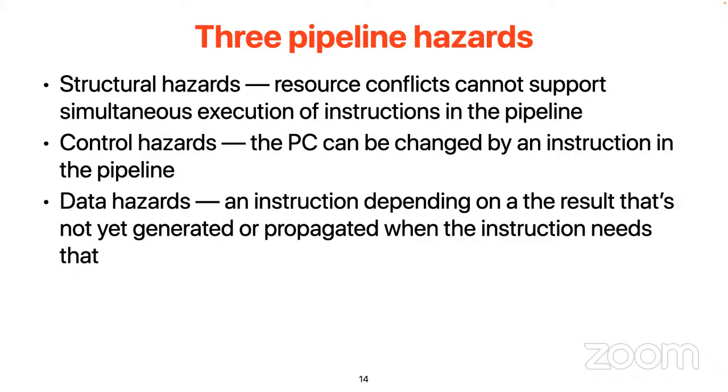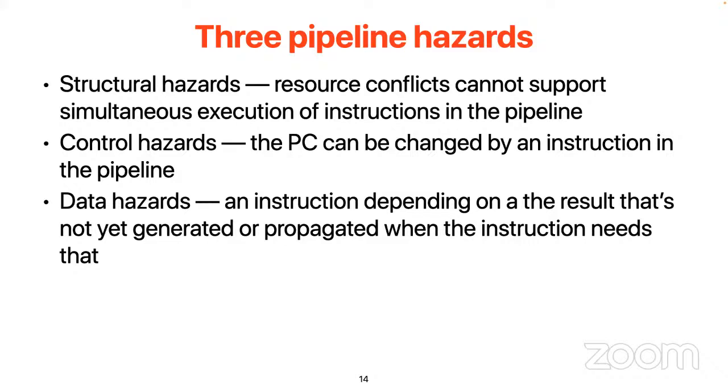The second type is, remember, sometimes we have instructions like branch. Whenever you have a branch, there's no way for us to be 100% sure what the next instruction to fetch is. In this way, your pipeline cannot smoothly feed instructions, so your CPI won't be equal to 1, because you have to wait. So that's control hazard.